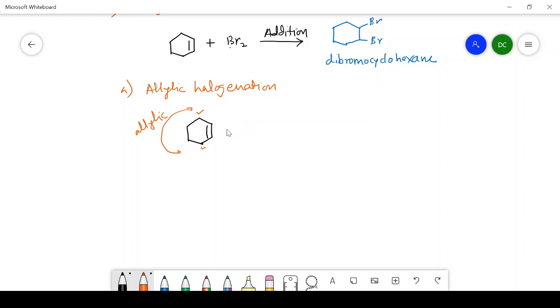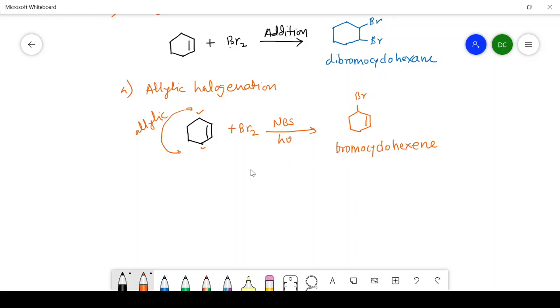And in this reaction, what happens when it is treated with Br2 in presence of N-bromosuccinimide and light, we get this type of product in which the double bond remains the same, and the Br is added at the allylic carbon, and we get bromocyclohexene.